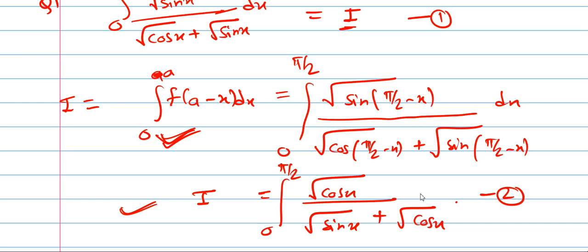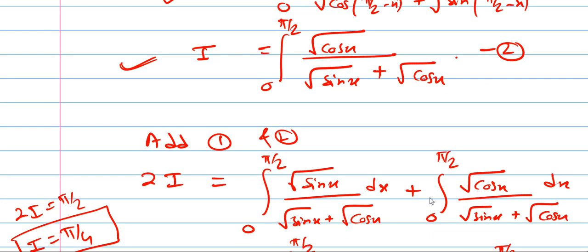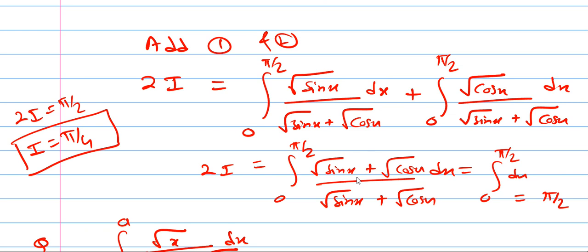So I have added equation 1 and 2, and just a little simplification because the denominator is the same. So numerator and denominator get cancelled out, and I get only dx, and the integration of dx is x. Substitute upper limit minus lower limit, so it is pi by 2. So 2I equal to pi by 2, I equal to pi by 4.